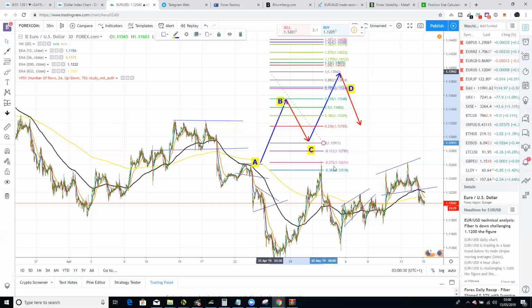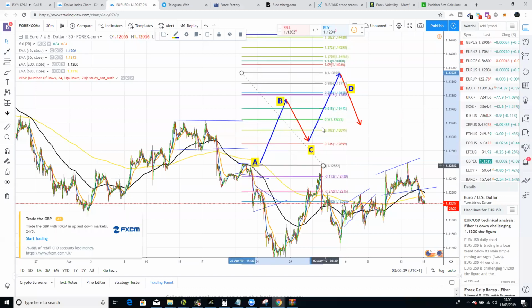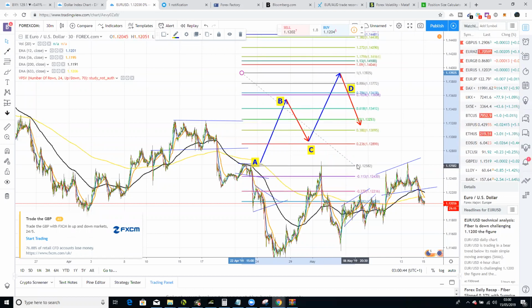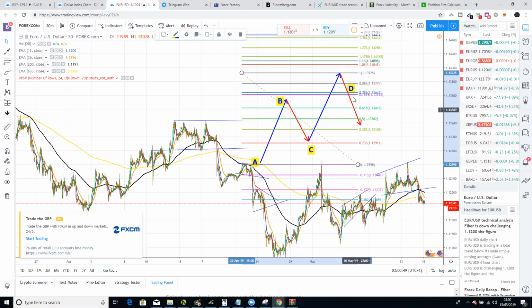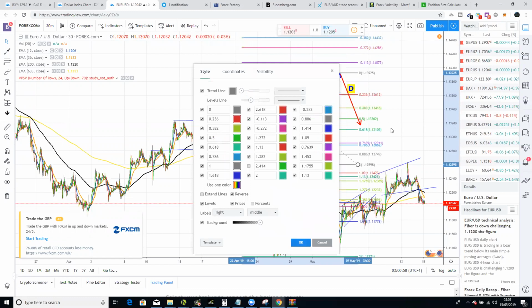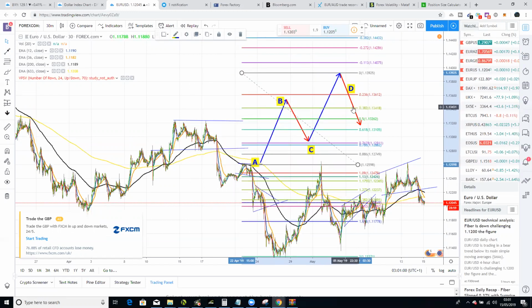What you're looking for first for your target will be a move back down to, let me reverse this so that you can see, the first move will be back to 38.2. That's where you need your first target to be on this particular pattern.